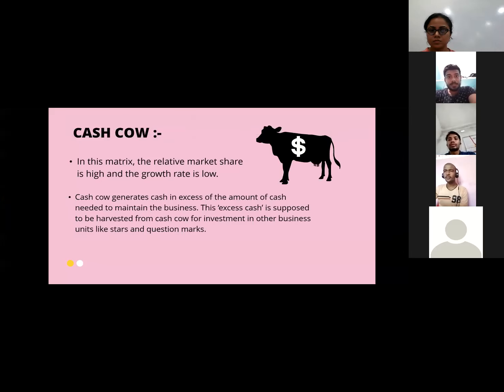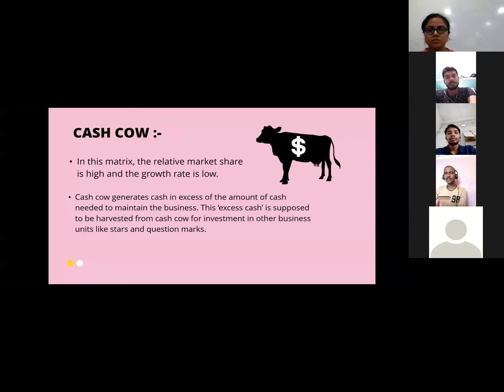In the cash cow matrix, the relative market share growth rate is low, and market share is high. As we know, operating in the industry for many years, market growth may decline and a star may transform into a cash cow.